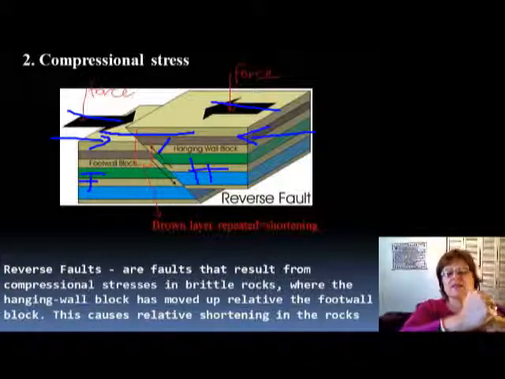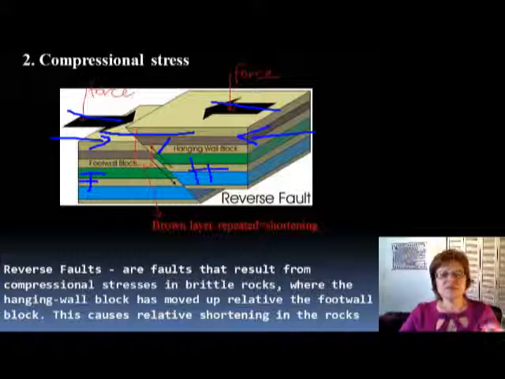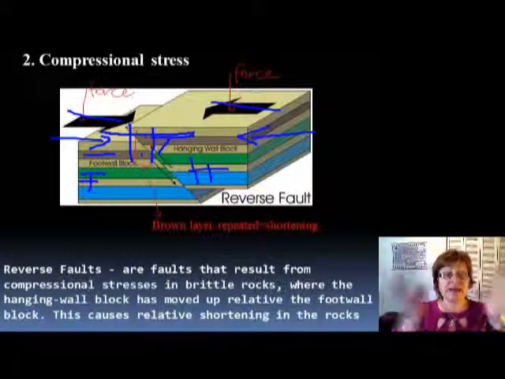So basically you will see relative shortening here, and the amount of shortening is that if you look at this brown layer, it's actually repeated on the hanging wall. So basically you've got the amount of relative shortening right here. Wherever on both sides you've got the brown layer that repeats, that is the amount of shortening which has happened here.